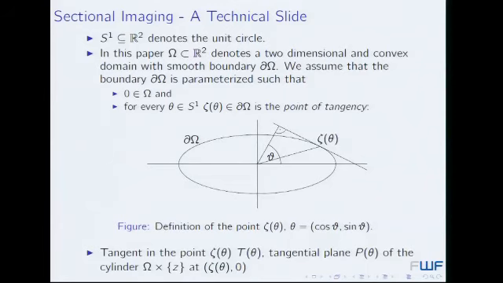Now there comes a technical slide because we need to do some reconstruction formulas later on. All I assume now is that measurements are taken at the boundary of an object. Here it's an ellipse, and I do a different parameterization of the curve.